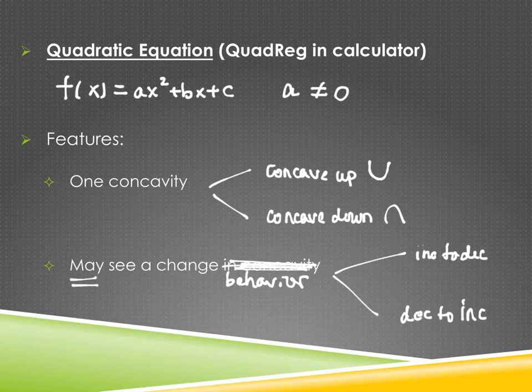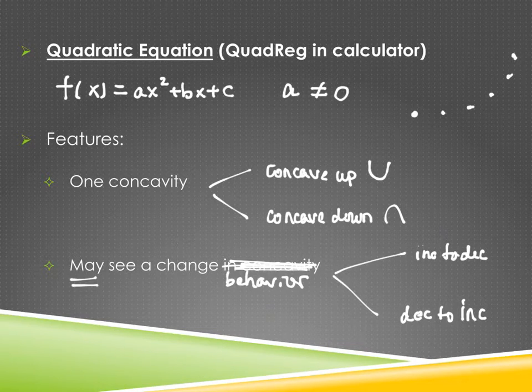So if you saw a scatter plot that looked like, that's terrible, let me try that again. This, it could still be quadratic, you're just seeing only half of the parabola, and that's okay. So you don't have to see a whole parabola shape to call it quadratic. What else could it be if it had that scatter plot?